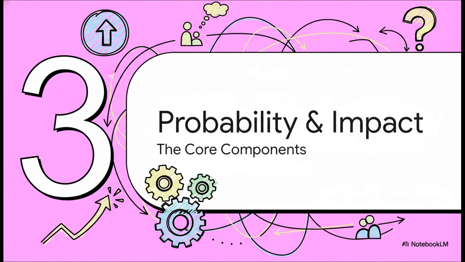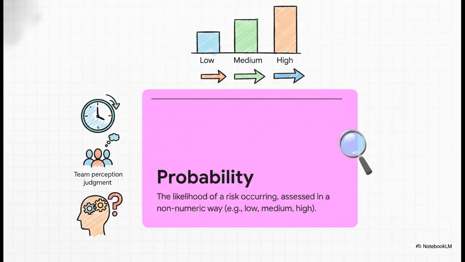Okay, to perform this analysis correctly, we have to understand its two fundamental components, probability and impact. And, just as important, we must understand the stakeholder-driven context that gives those components meaning. So, first up is probability. This is a subjective assessment of how likely a risk is to actually occur. Now, in qualitative analysis, this is not a precise statistical calculation.